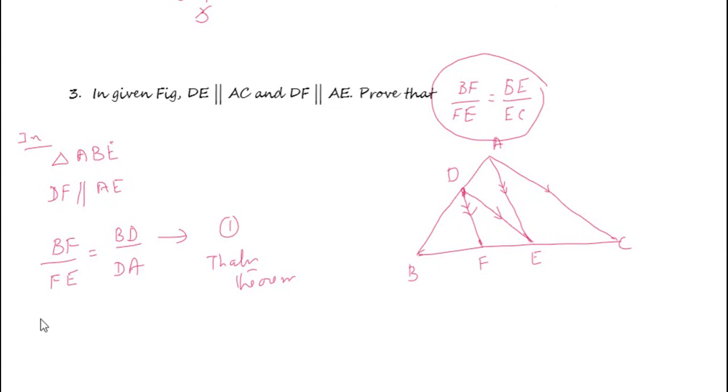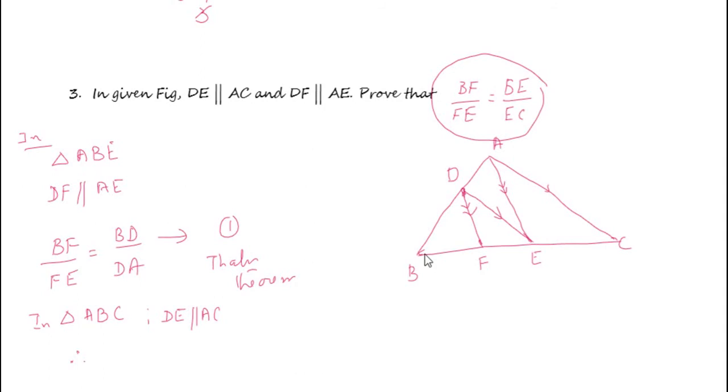Now in triangle ABC, DE is parallel to AC.